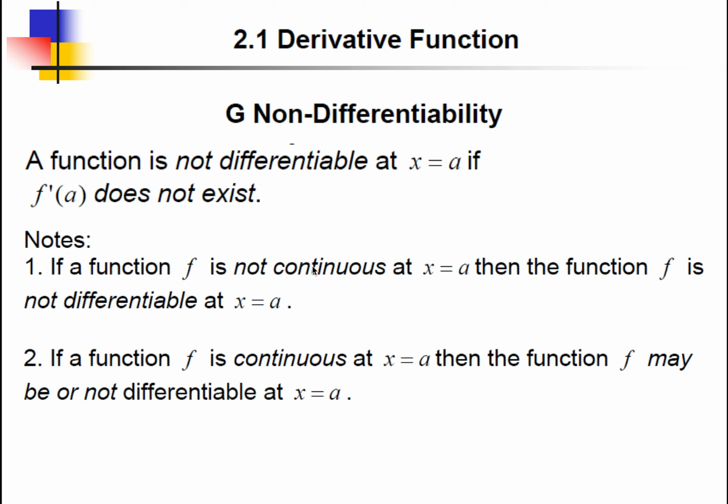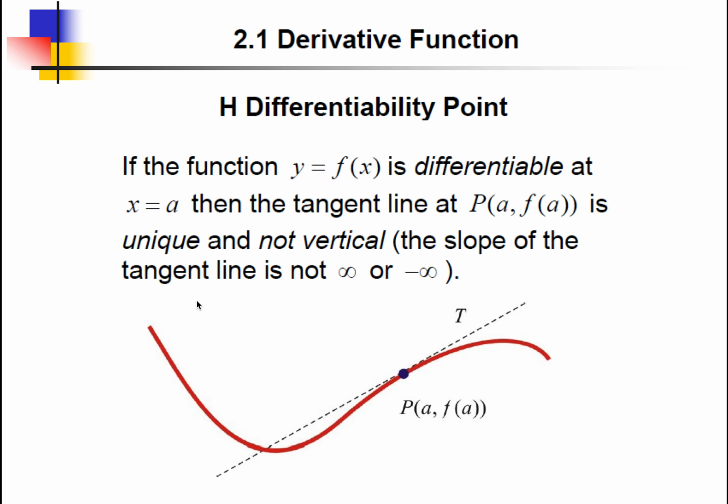Remember the 3 types of discontinuities. There is a removable point. Then we would say the function is not differentiable. If a function is continuous, then the function may or may not be differentiable. So continuity does not mean differentiability, but not continuous, that is for sure not differentiable.